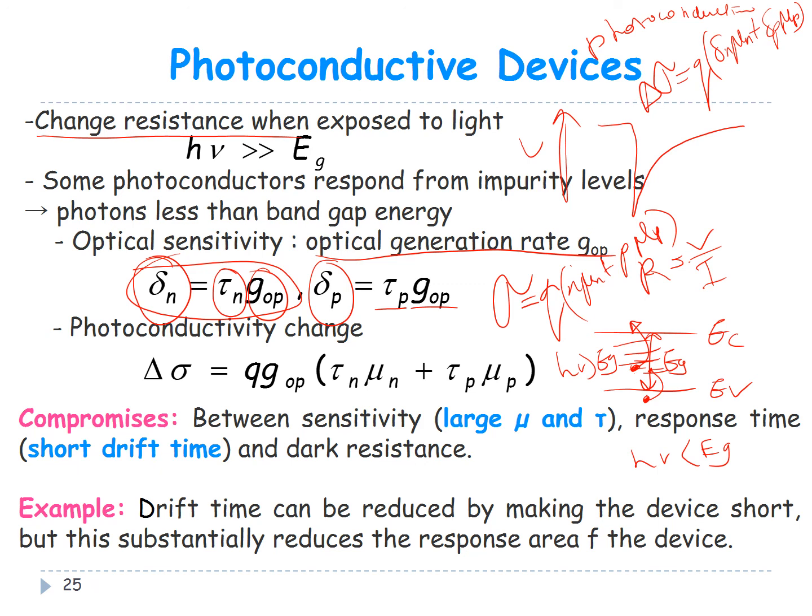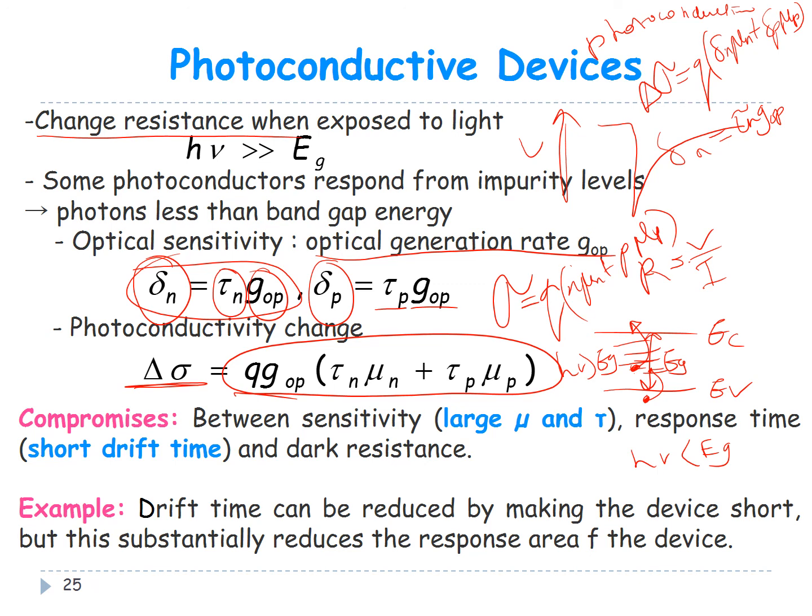We know that delta n is equal to tau n G_op, or delta p is equal to tau p G_op. So the increase is equal to that if you consider both electrons and holes.